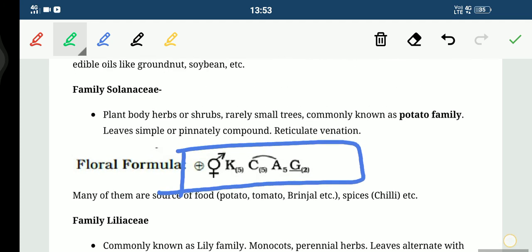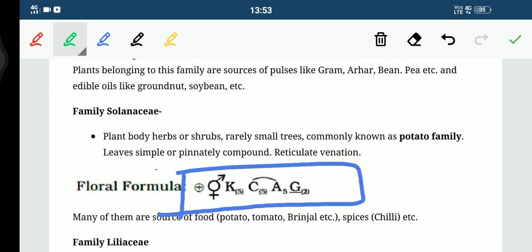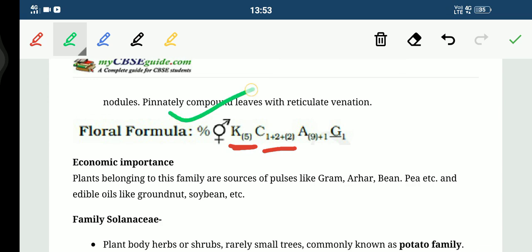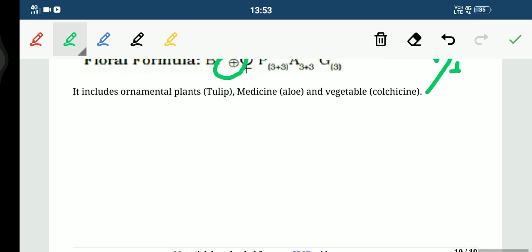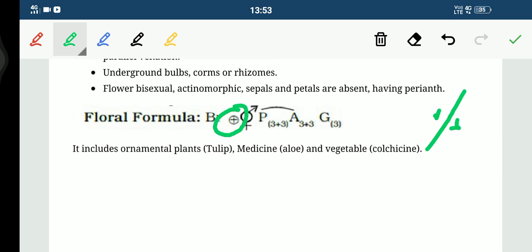As we have already studied, this condition is zygomorphic. So this represents the perianth, that is 3 plus 3, then androecium, then gynoecium. It includes ornamental plants like tulip, medicinal plants, for example aloe, and plants like colchicum that yield colchicine.